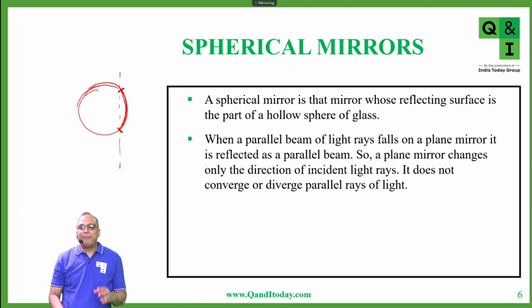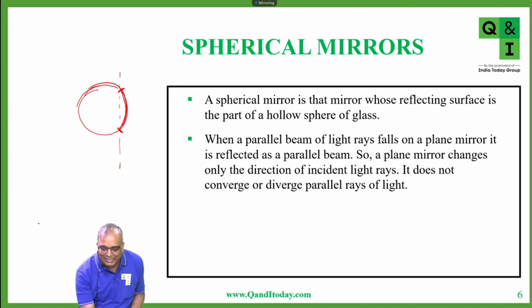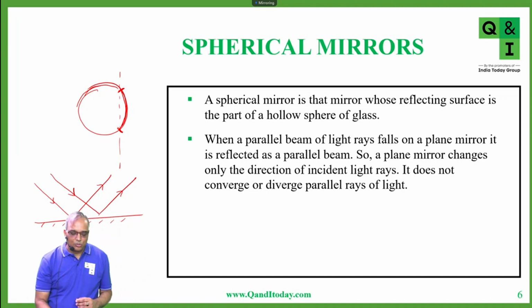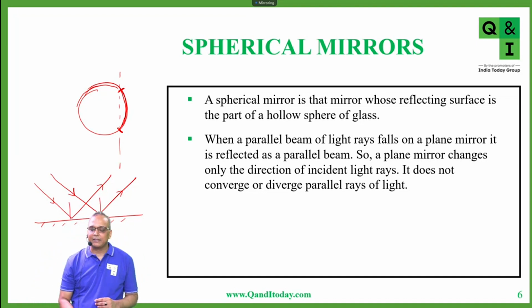When a parallel beam of light rays falls on a plane mirror, it is reflected as a parallel beam. This we saw in yesterday's class, that if you have a plane mirror like this and parallel light rays coming, these parallel light rays on reflection will remain parallel to each other. So this is the reflection on a plane mirror.